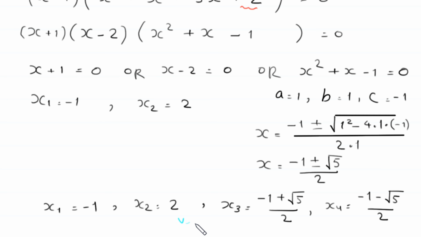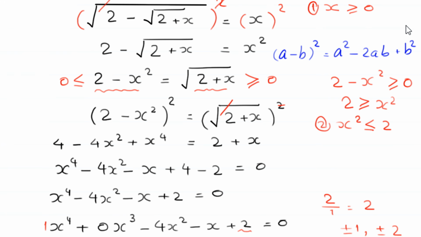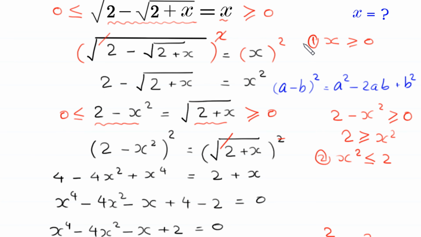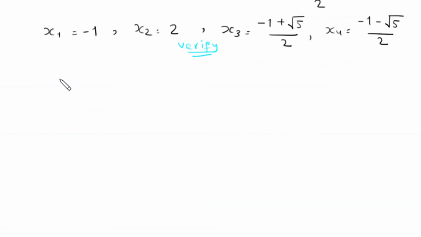To verify, we use the domain of this equation. Condition 1 is x must be greater than or equal to 0. The second condition is x squared must be less than or equal to 2. We have two conditions.